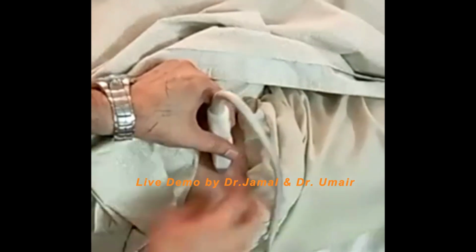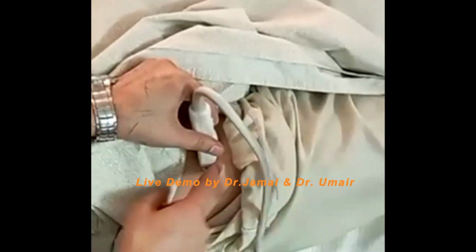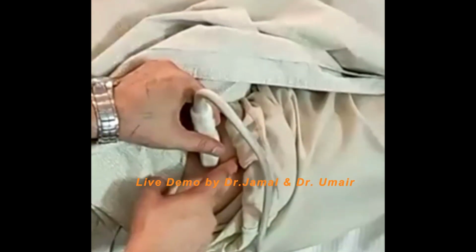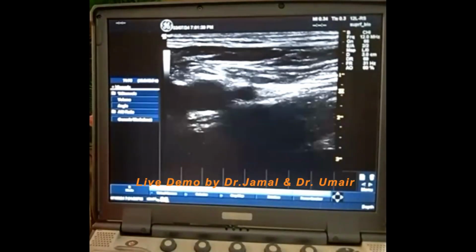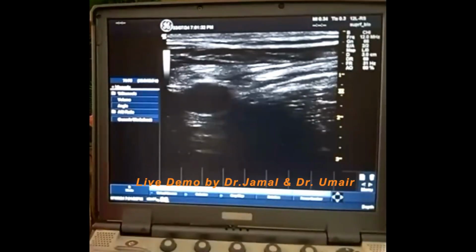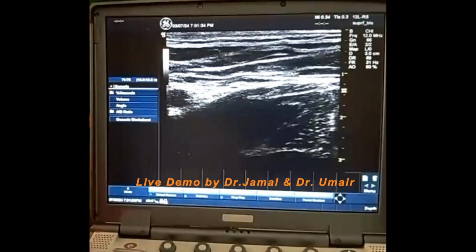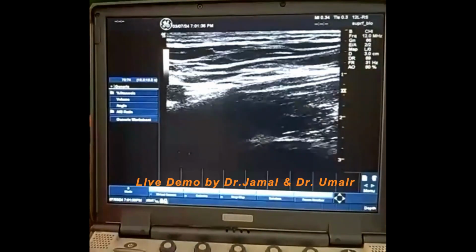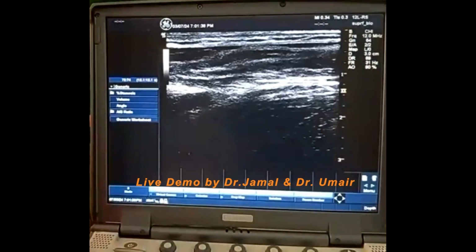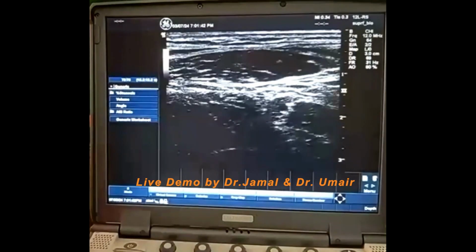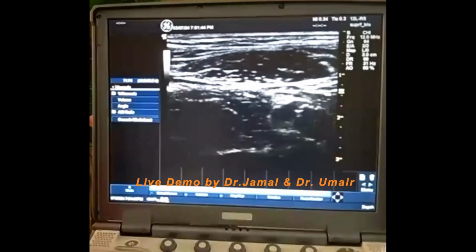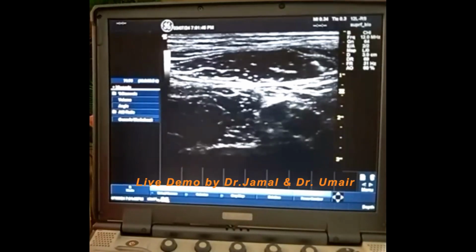In between these two, there is the lateral femorocutaneous nerve traveling down. Femoral artery, femoral nerve. This is the sartorius.